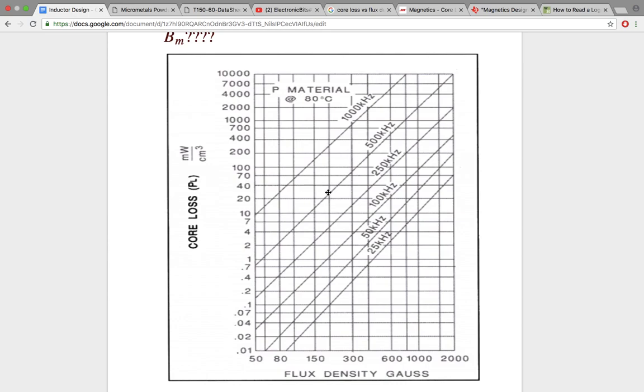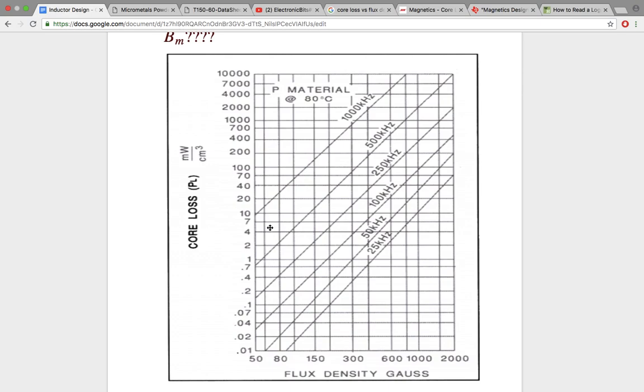As the frequency increases, the core loss in the magnetic circuit also increases. It's obvious that as the frequency increases, the waste of energy, hysteresis and eddy current also increases.